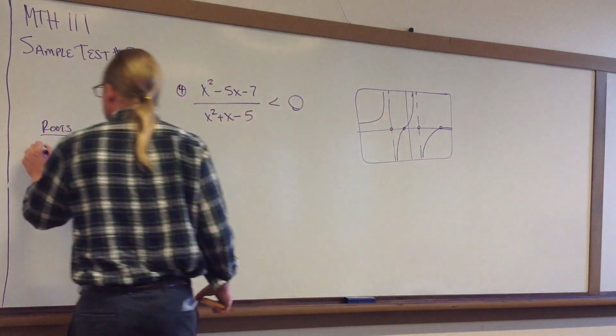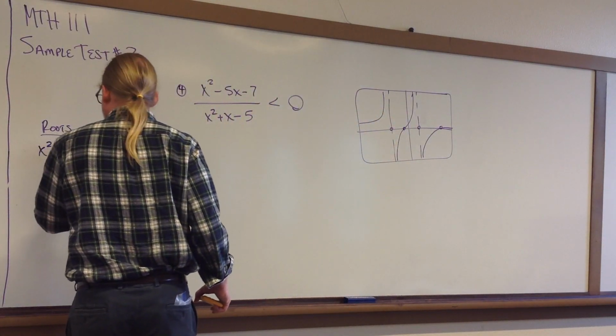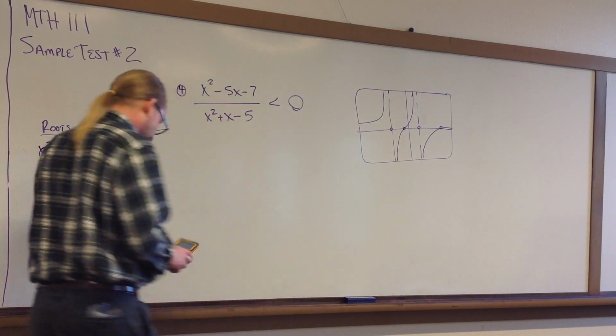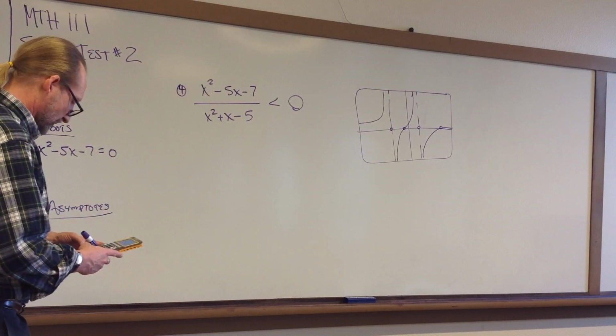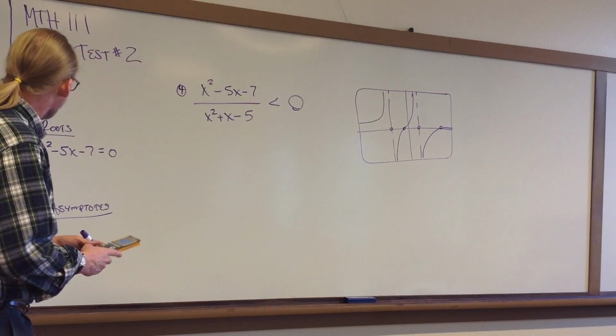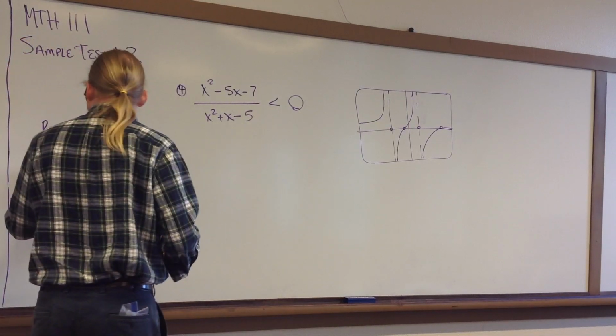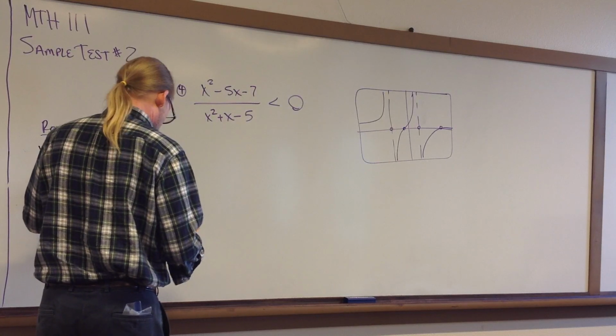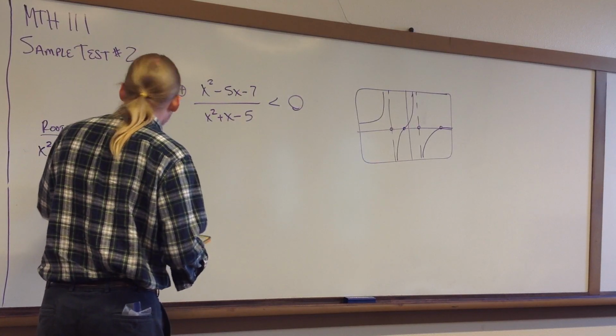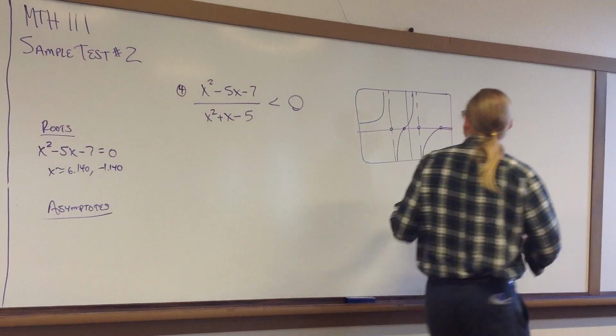Okay, so the roots are going to be what make the numerator be 0. And let's see, that is going to be 6.140 and negative 1.140. There we are.